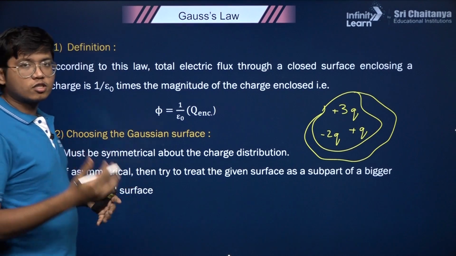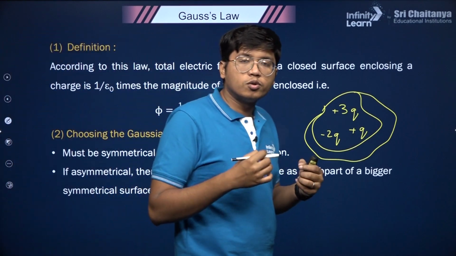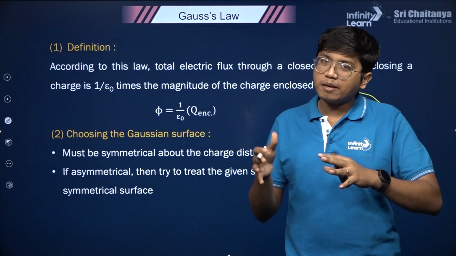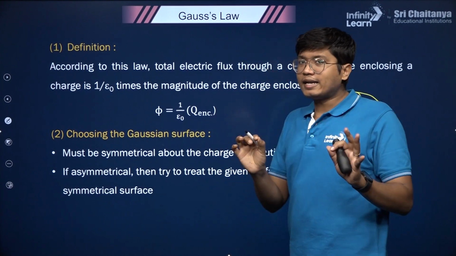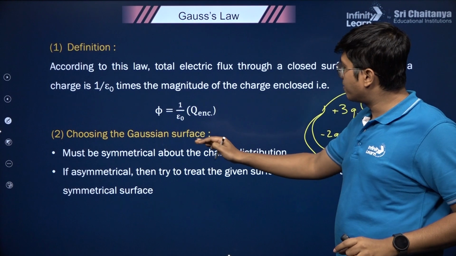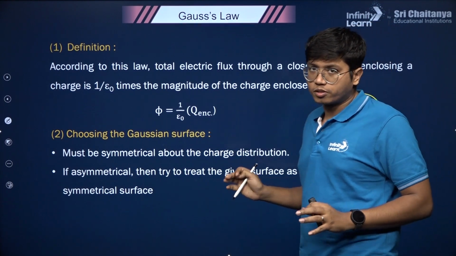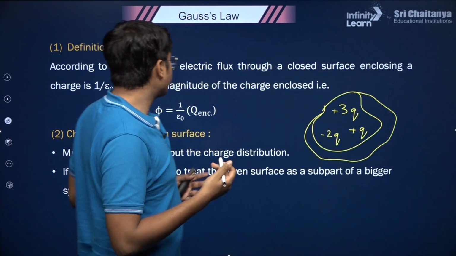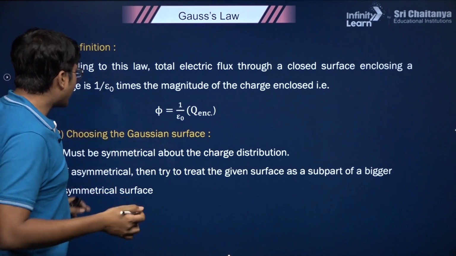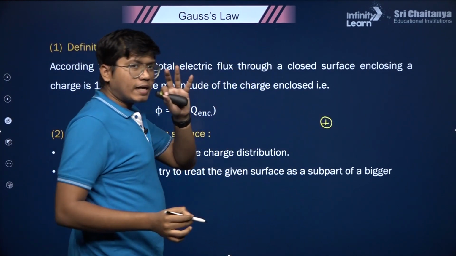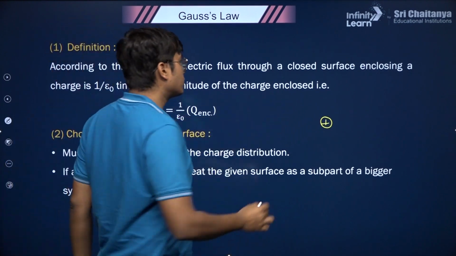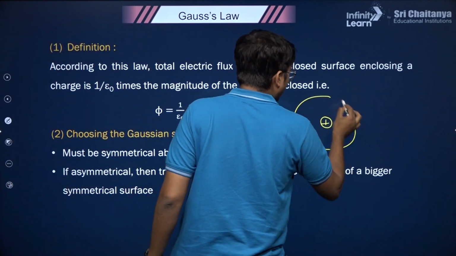Now how do you choose these Gaussian surfaces? What kind of Gaussian surfaces really help you with regard to finding the electric field? The most ideal case is if the Gaussian surface is symmetrical about the charge distribution. What do I mean by symmetrical? Suppose I have a positive charge here. My best Gaussian surface for a point charge is going to be a sphere around it.